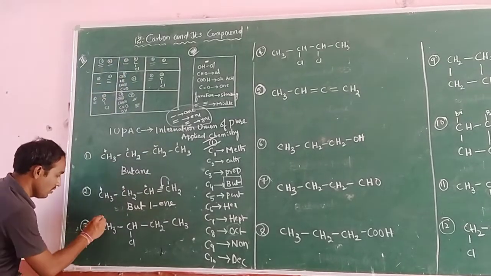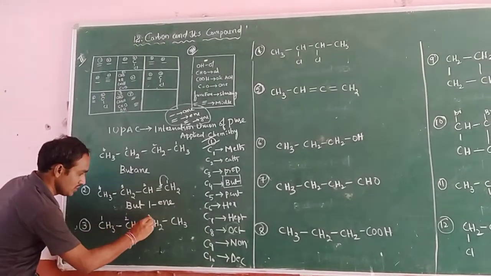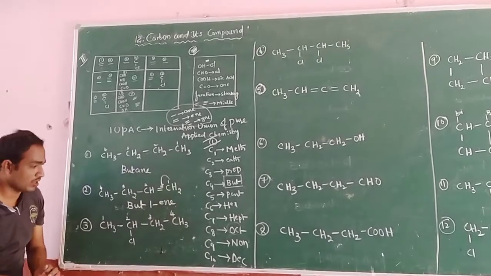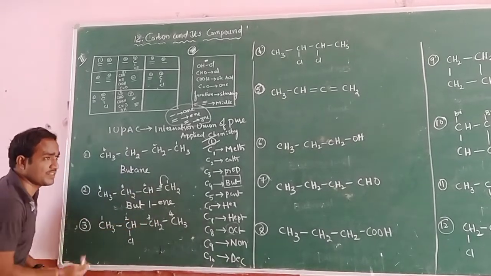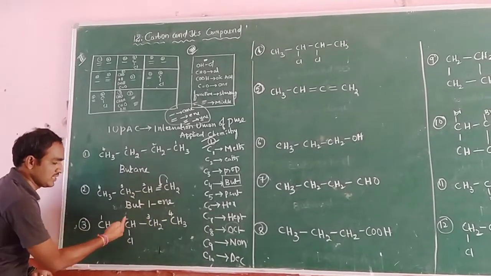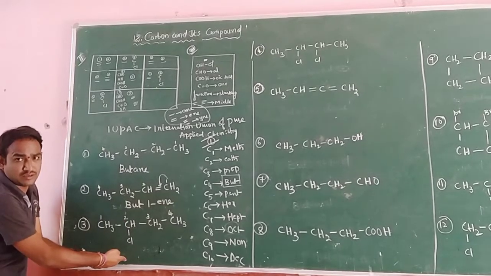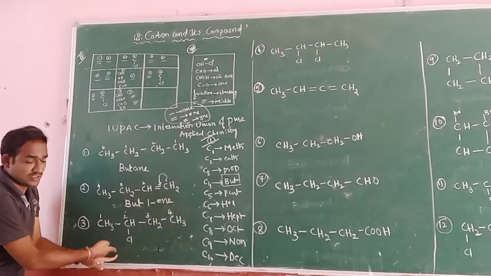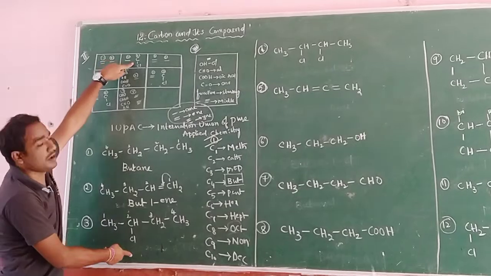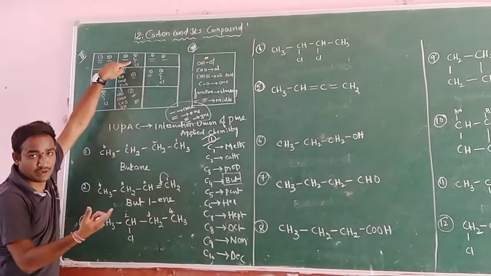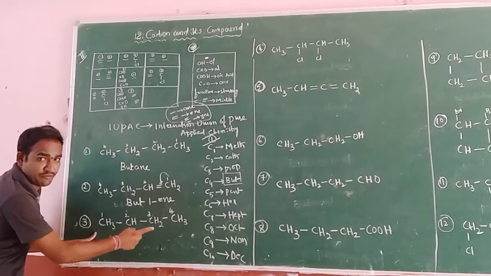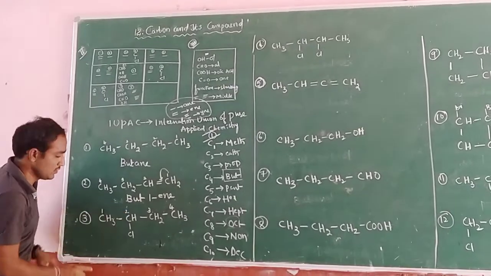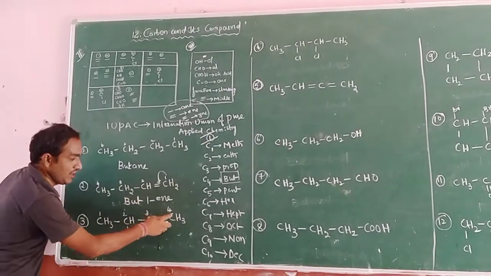So here 1, 2, 3, 4. So if you write the right side numbering 1, 2, 3, it is the maximum number. So we have to follow the shortest number for the functional group. So when we write from the left side, it will come as the short number. So that is 1, 2, 3, 4.